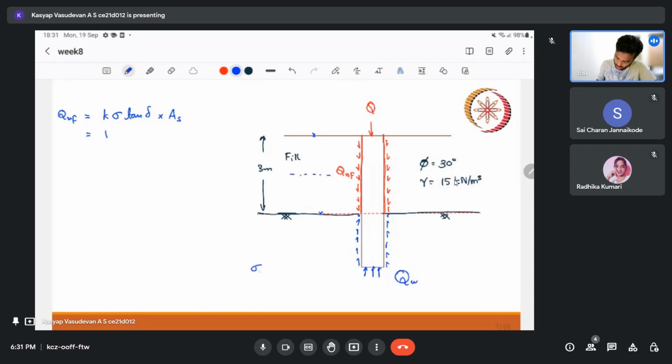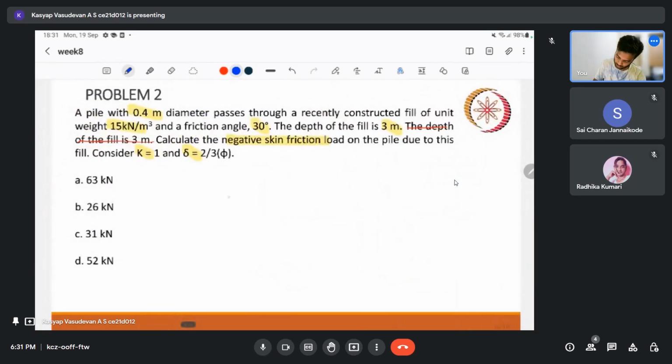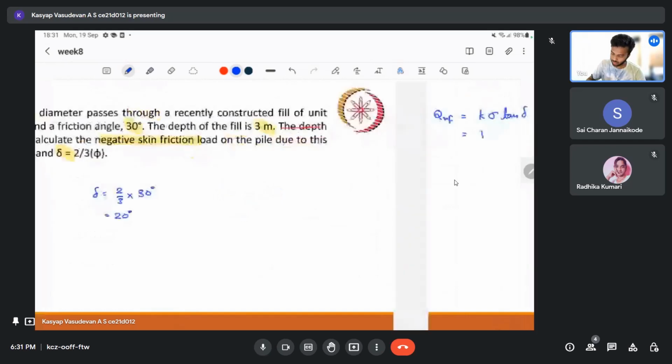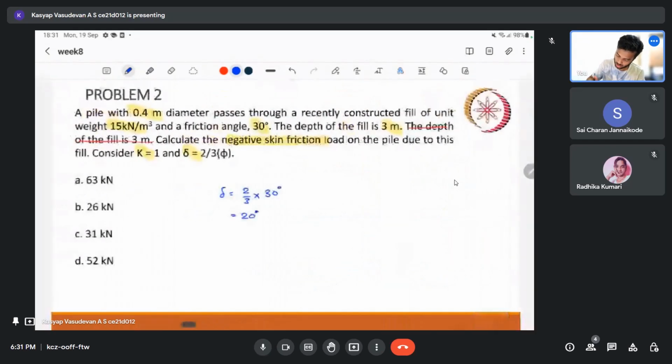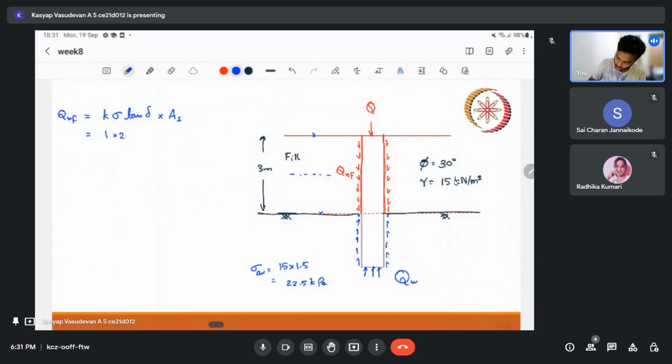So sigma average is equal to gamma, that is 15, into the middle of the height, that is 1.5. That will be nothing but 22.5 kPa. And delta, we need to find delta, that is 2 by 3 into 30 degrees, that will be nothing but 20 degrees. So we have K value as 1, sigma value as 22.5 into tan 20 degrees into AS.